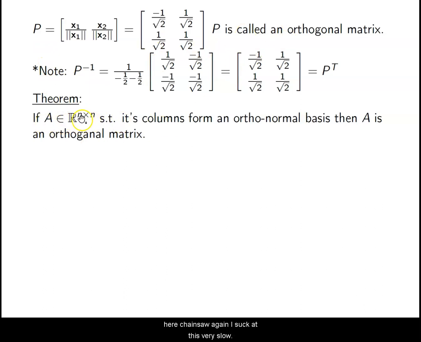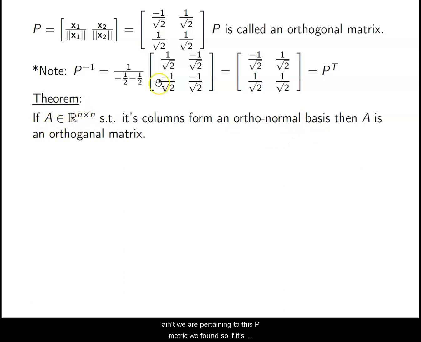Okay, so again, let's look at this very slowly. If A is a square matrix that has real entries, right? So it's n by n. In our case, it was 2 by 2, such that its columns form an orthonormal basis, okay? Meaning that the column vectors are orthogonal to each other and they are normalized, right?